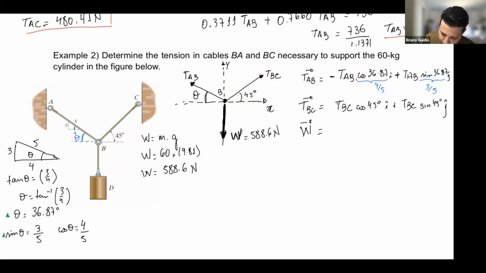W: 0 in X, we have just Y negative, 588.6 j hat. All good?